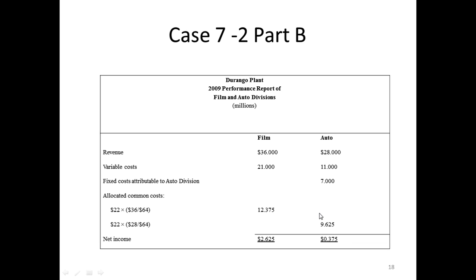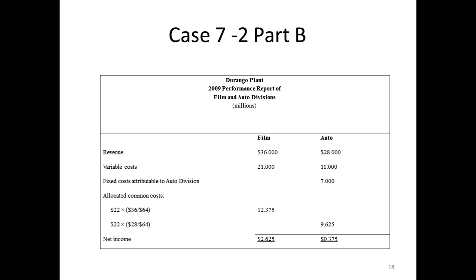And since the auto is picking up 9.6 million roughly of the allocated common costs, which would exist anyway, all of a sudden the film production is looking very profitable indeed. But that's, again, just a distortion caused by the allocated common costs.